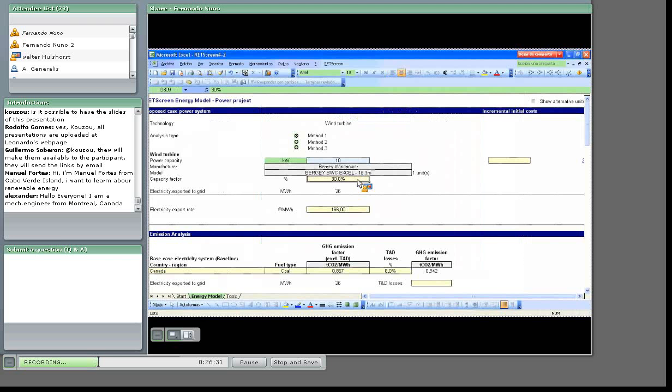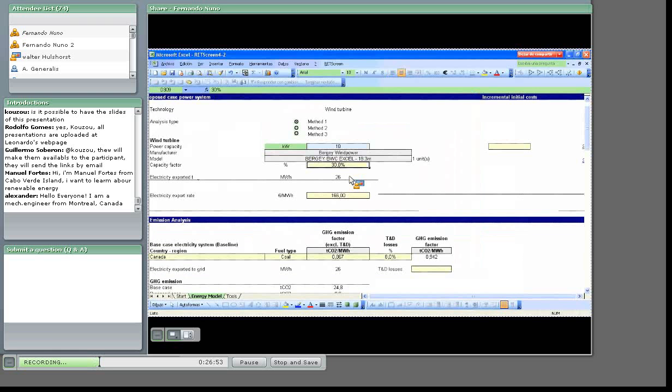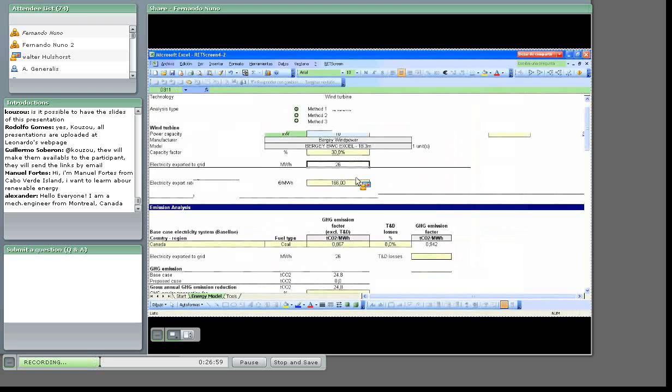In methods 2 and 3 we will have the opportunity to introduce average wind speeds per month, and then have a more precise and more accurate estimation of the capacity factor. Capacity factor is roughly how many equivalent full-load hours the wind turbine will run. In this case, electricity exported to the grid will be 26 megawatt hours per year.